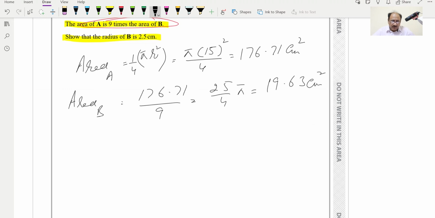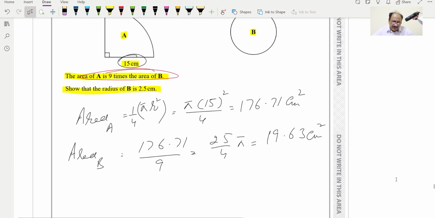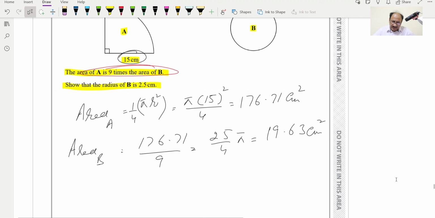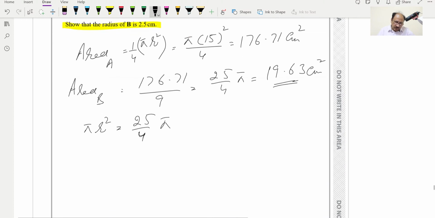Now what we have to show is that the radius of B is 2.5. The area of the circle is pi r squared, and in terms of pi we can write it like this. So pi we can cancel on both sides. So r squared is equal to 25 by 4.